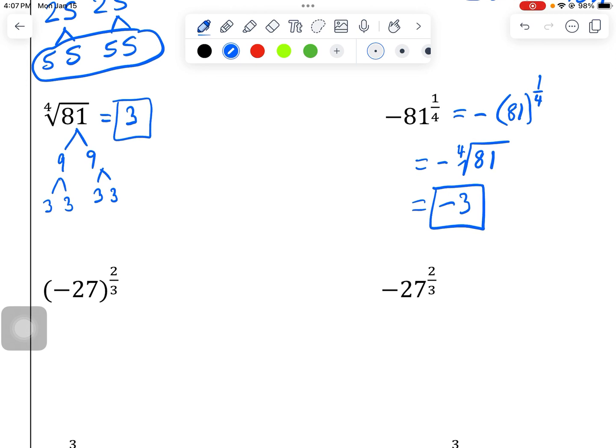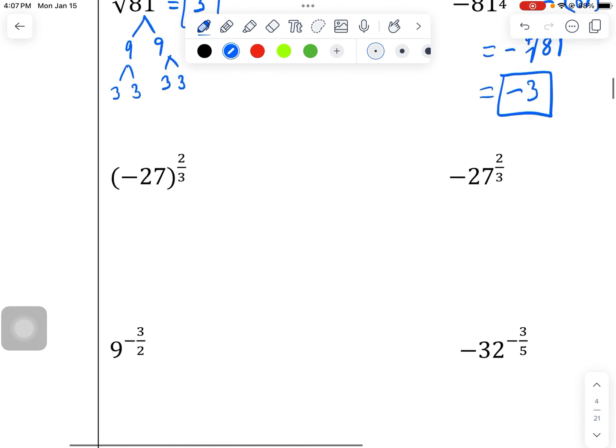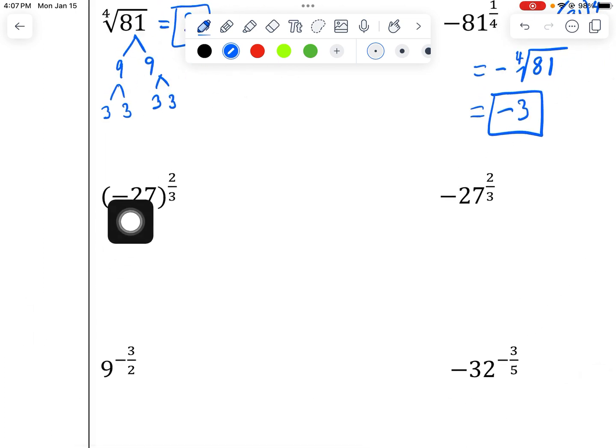Okay, let's do a similar setup here on these next few. Notice this one's in parentheses this time, so we do have to include the negative in our radical. So since 3 is the index, it'd be the cubed root of -27. And this is where it's really important to note that we can put the 2 on the outside of our parentheses.